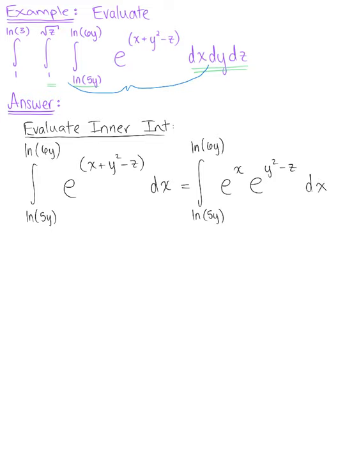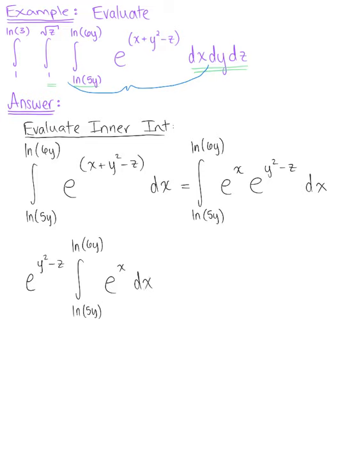Since we're holding y and z as constants, we can pull those right out in front of the integral. So I have the natural exponential raised to the y squared minus z multiplied by the integral from the natural log of 5y to the natural log of 6y of the natural exponential raised to the x dx.